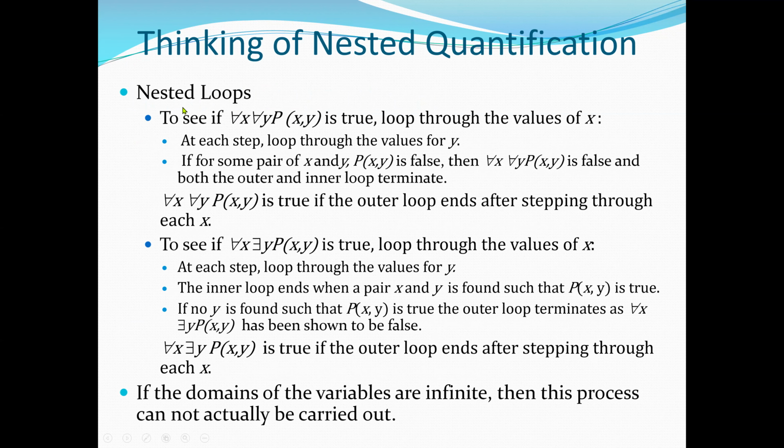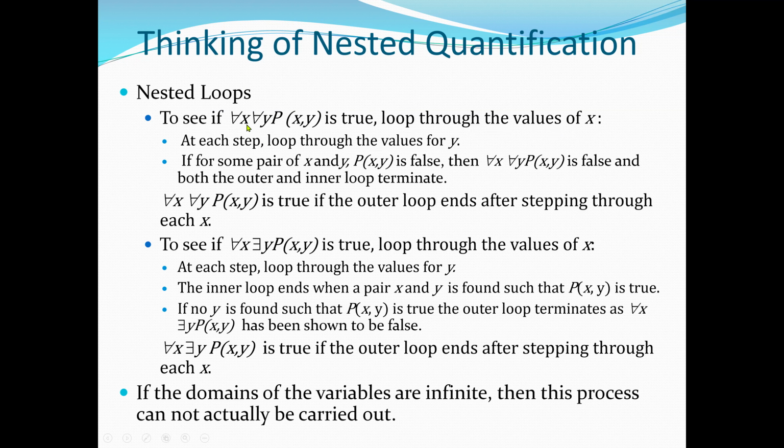That's the concept again of nested loops. Nested loops means we have a loop inside another loop. In order to get into the inner loop, our outer loop has to have a true condition. Let's say to see if, for all x and y, the predicate of x, y is true, we're going to loop through the values of x.